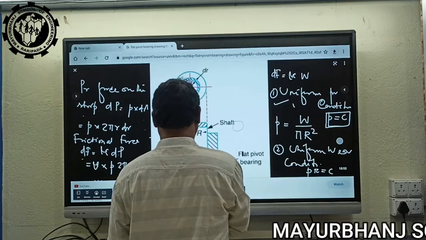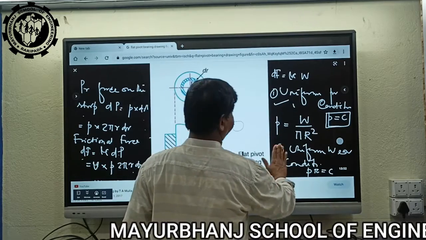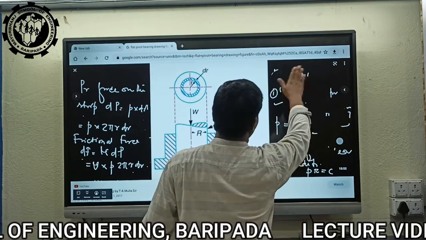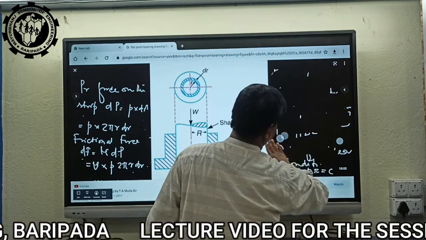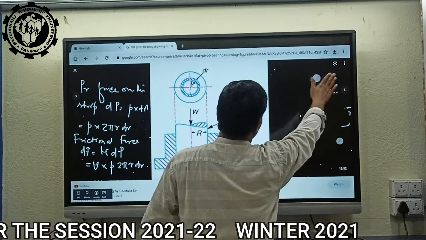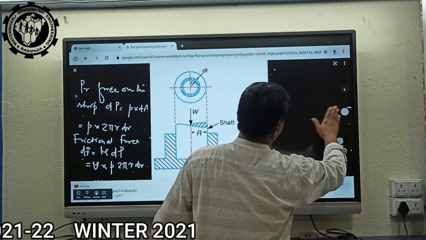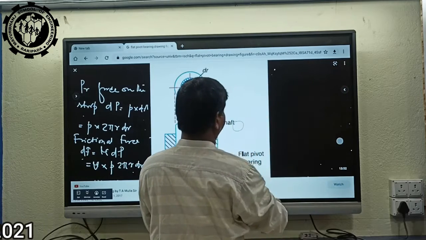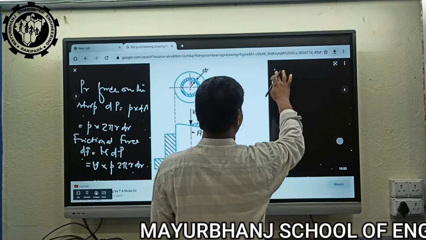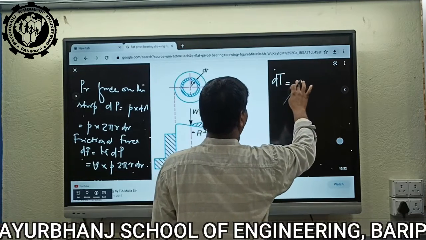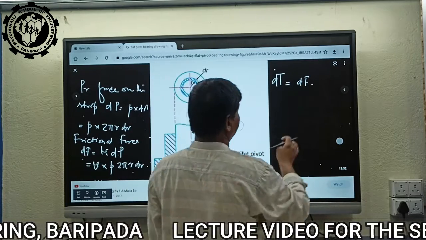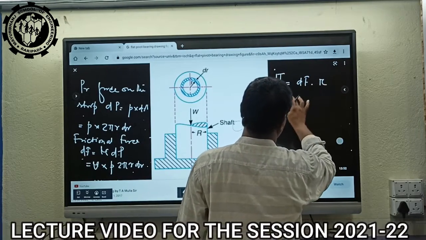Now we calculate the frictional torque. The frictional torque dT is equal to dF into the distance from the center, that is r.